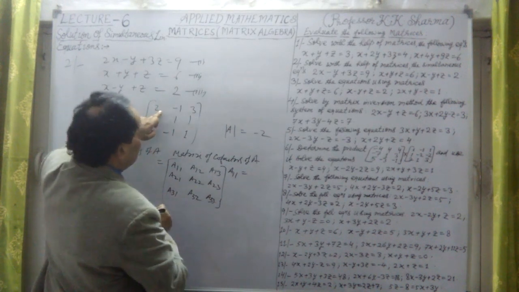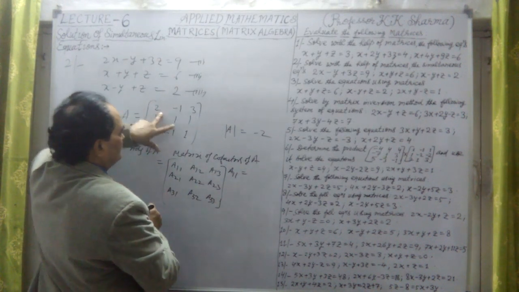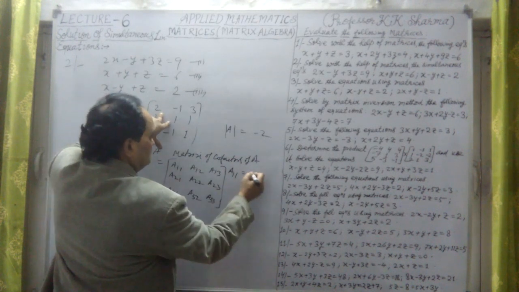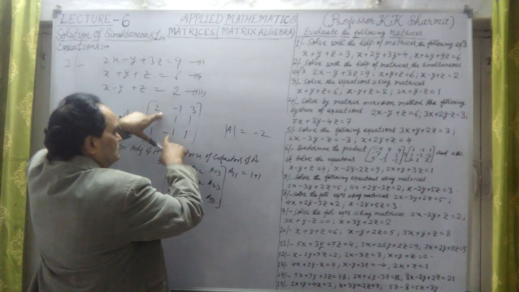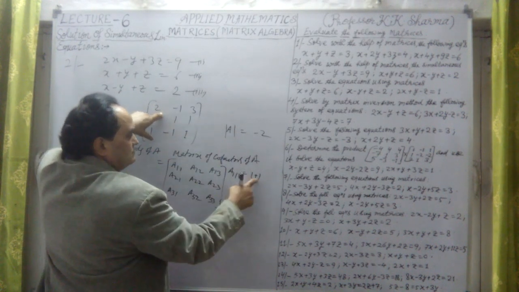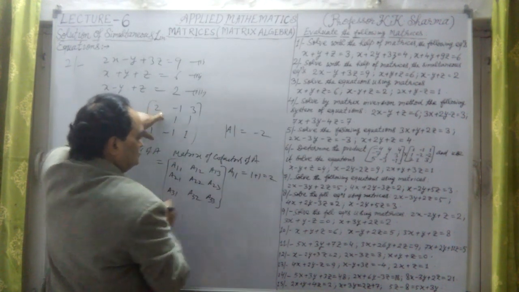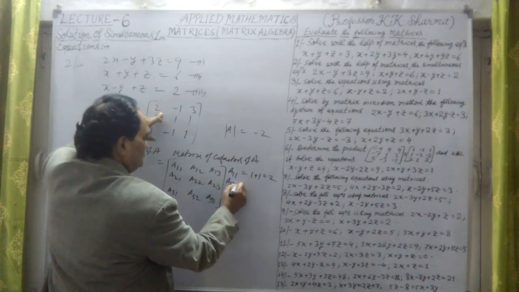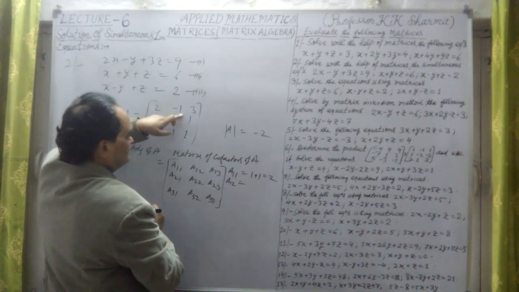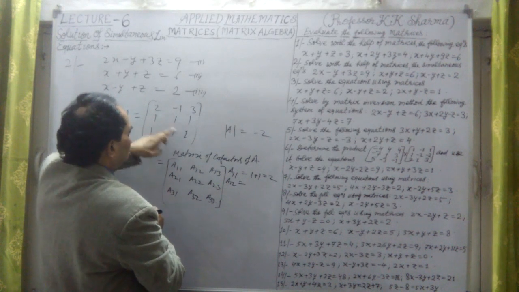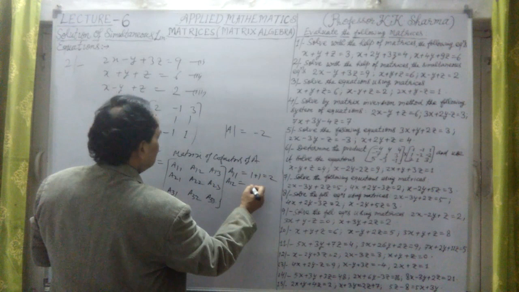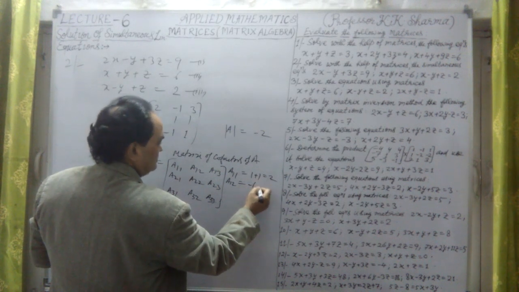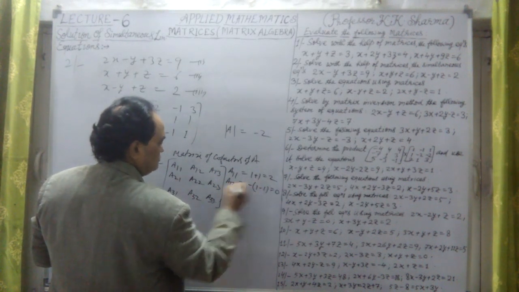For A11, the cofactor of 2 is 1 minus 1, and this is plus 1 because 1 into 1 is 1, and minus 1, and the minus sign in between we keep, so this is 2. Then A12, for this minus 1 it is 0, 1 into 1, 1 minus 1 is 0, but we keep the minus sign, so 1 minus 1 is 0.